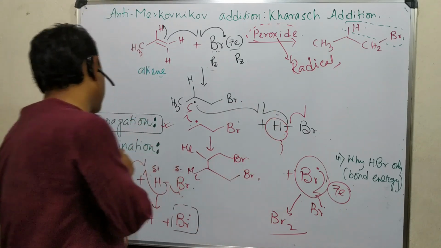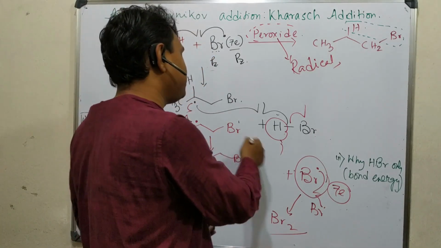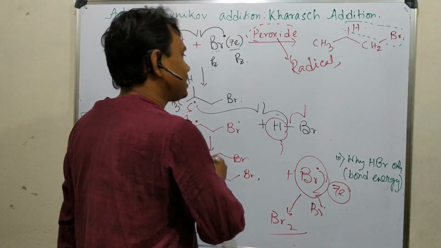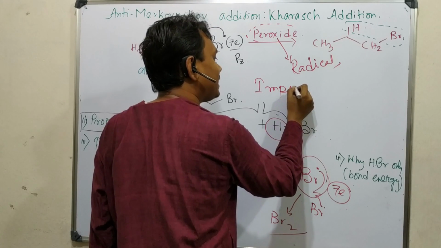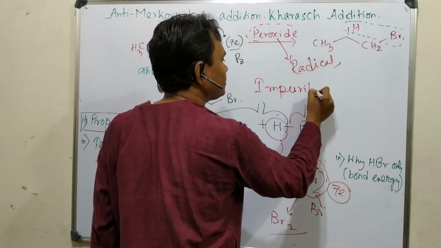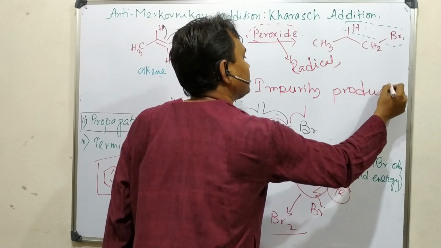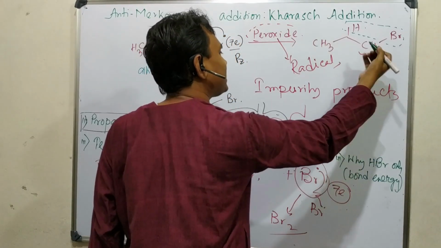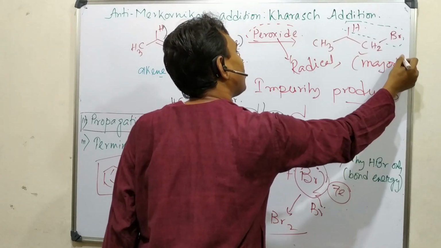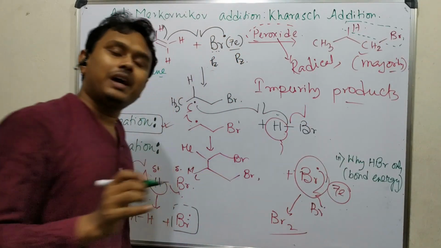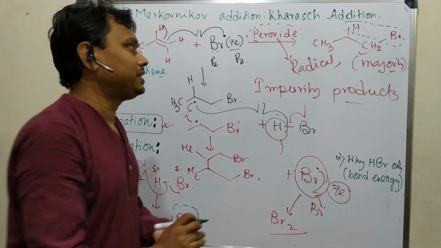But generally, we don't focus on termination. But keep one thing in mind. Why is the termination step important? Because termination produces impurity products. Because our target is this, and we are getting the majority of this, there will be some minor product, and that minor product is considered an impurity.